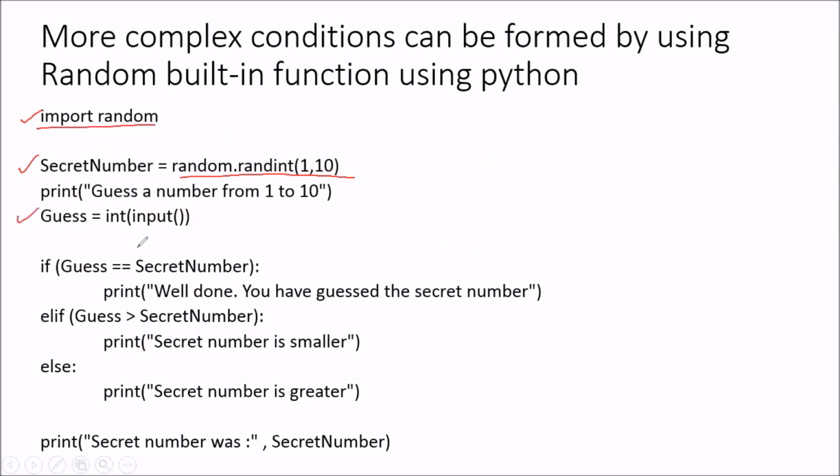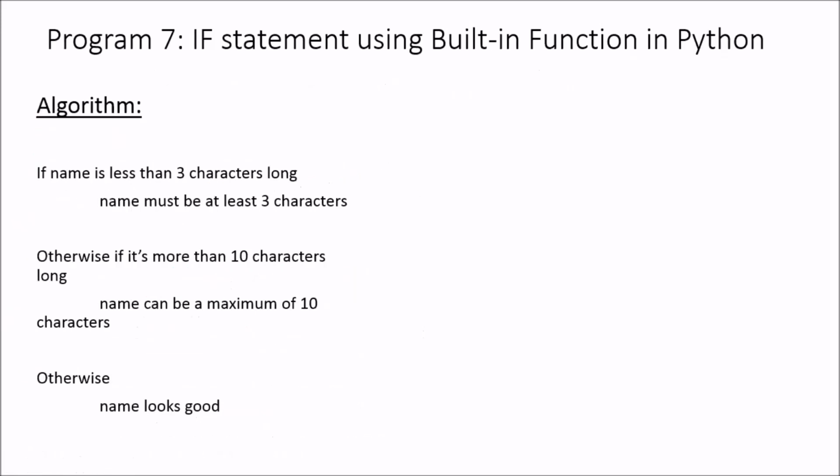The user will just input a number to guess it. So guess a number from 1 to 10. If guess number is equal to secret number, then output well done. Elif, that means else and then if, guess is greater than secret number, so number is smaller, else your secret number is greater. Output the secret number was, whatever secret number value you have given.